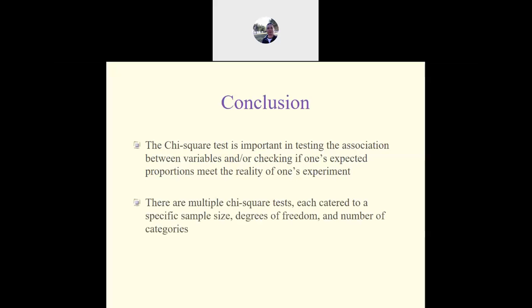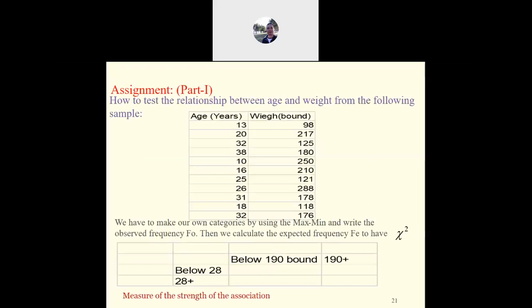Okay, so the chi-square test tells us whether there is association or not. How to find the strength of the association? We can divide the chi-square by the sample size to get the phi value, and if the phi value is bigger, we can say this is strong.